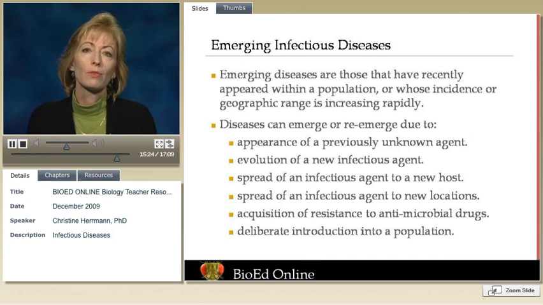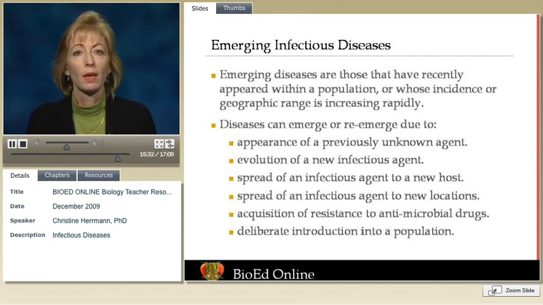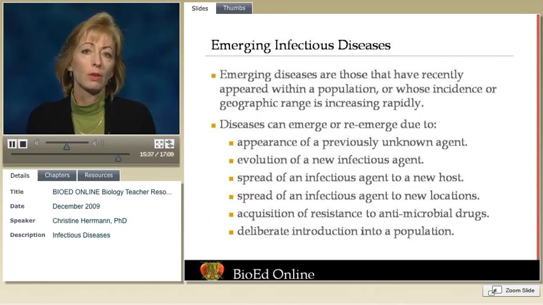There are several reasons why a disease can emerge or re-emerge. Some of the reasons are due to natural processes, such as the evolution of an infectious agent over time, but some result from human activities. As the population grows, increased population densities and increased travel make it easier for an agent to spread from person to person.